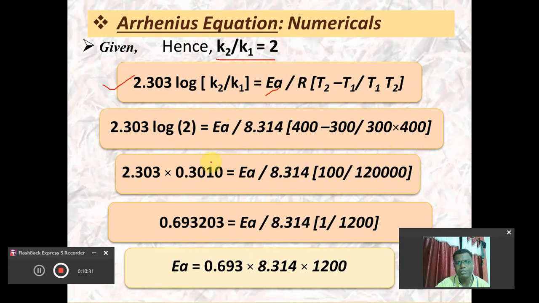So after making the simple calculations, it's very easy to calculate the energy of activation here. Now I am going to make the simple calculation by taking the log of 2. Log of 2 is 0.3010, their difference is 100, and these two are multiplied, and by solving this bracket we get this. And if we solve this for the energy of activation Ea, we get this calculation.